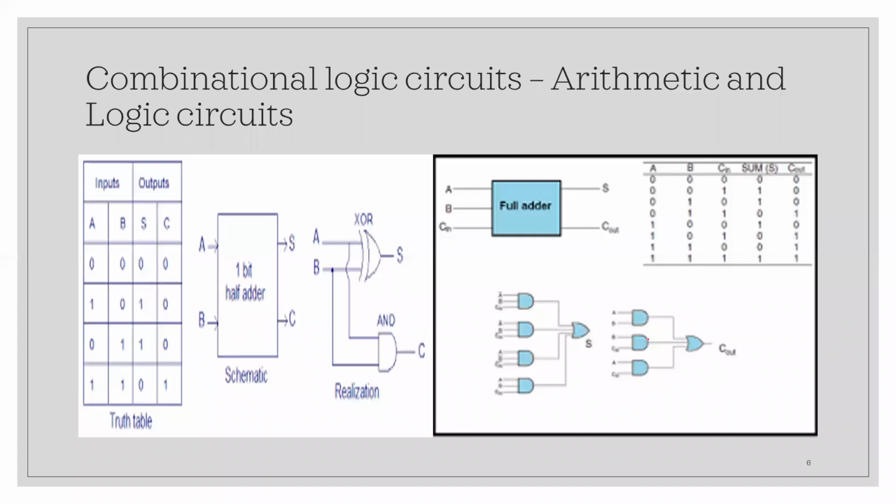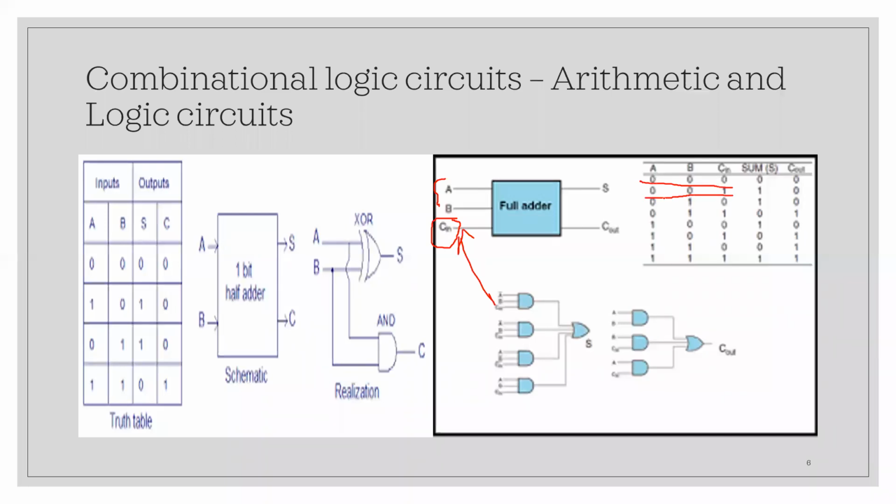Now when we come to the full adder, the additional thing that comes in is the carry input. These are the two inputs, and along with that, if I put in the carry, then it turns out to be a full adder. If you look at the truth table, when all the inputs are 0, sum is 0, carry is 0.